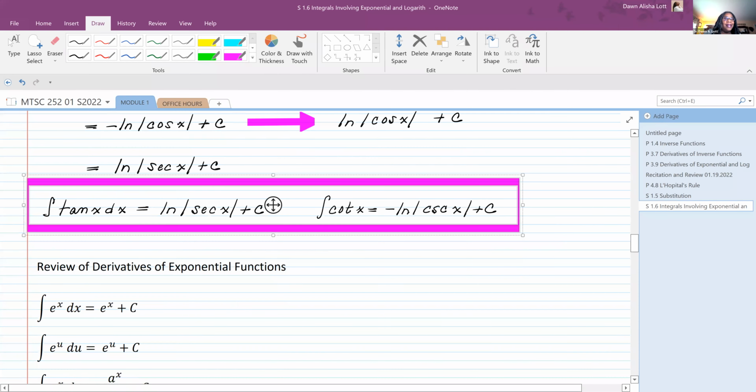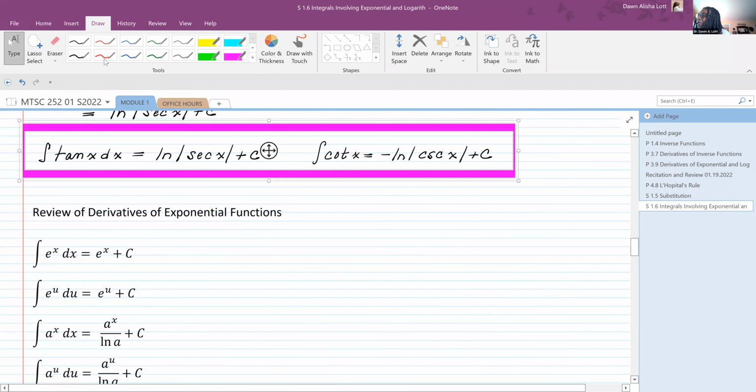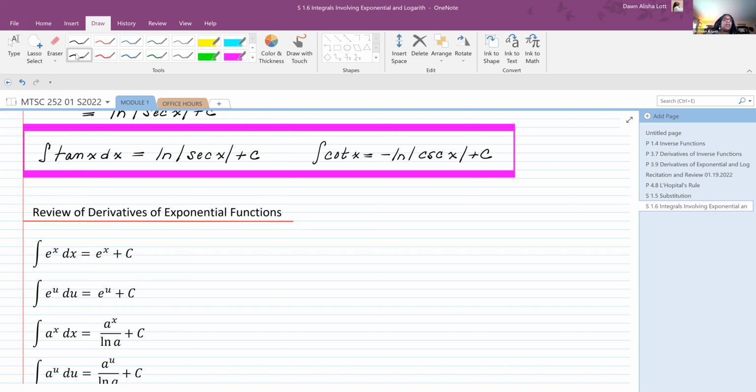All right. Now we have to review derivatives of exponential functions in order to do integrals of exponential functions. All right. So when we review, remember, e to the x is the only function whose derivative is equal to itself. It is also the only function whose integral is equal to itself.